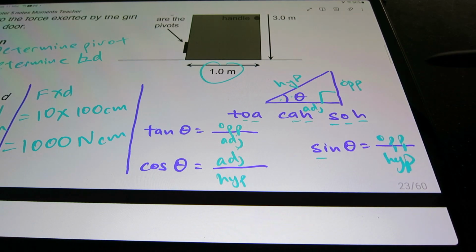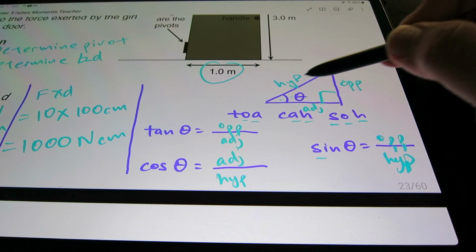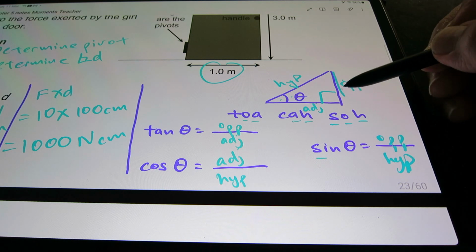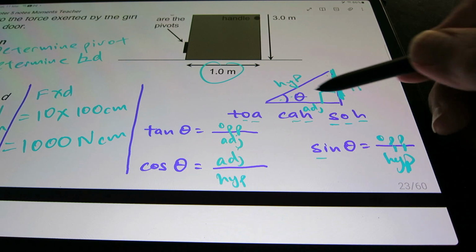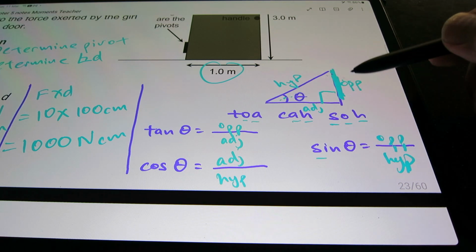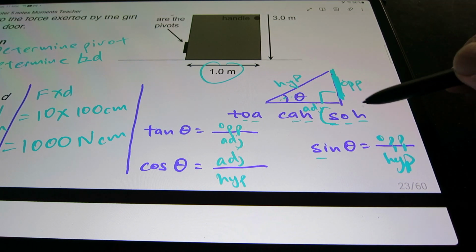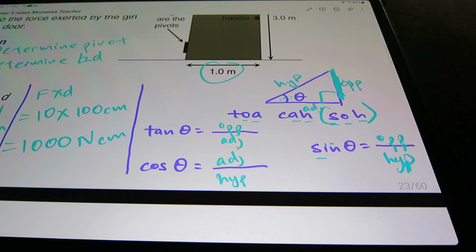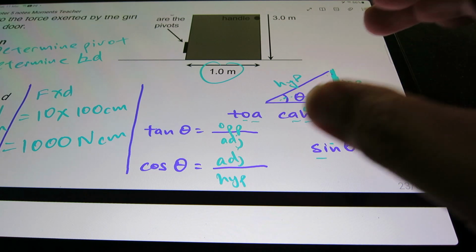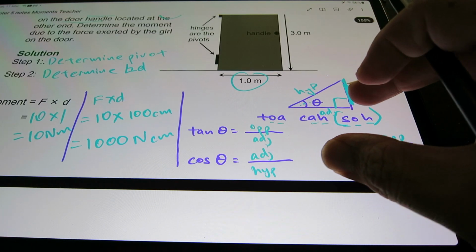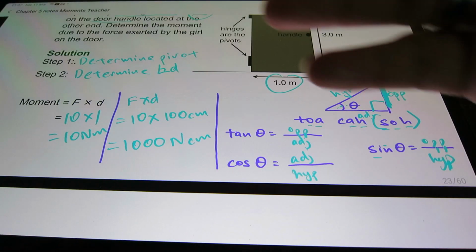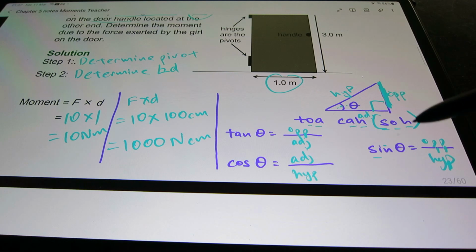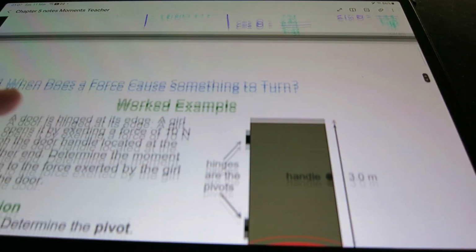So if they give you the hypotenuse and you need to find the opposite, as the perpendicular distance in your question, then you can use sine theta equals opposite over hypotenuse to find one of the sides. This lends itself quite easily for them to integrate trigonometry into this kind of moments question. So just a refresher that I thought may be useful for you.